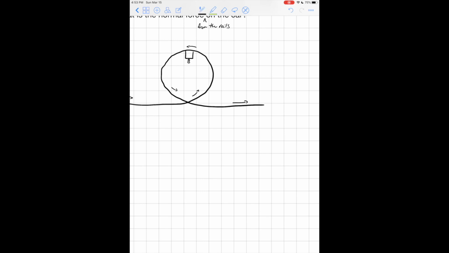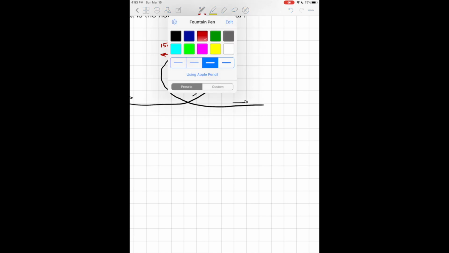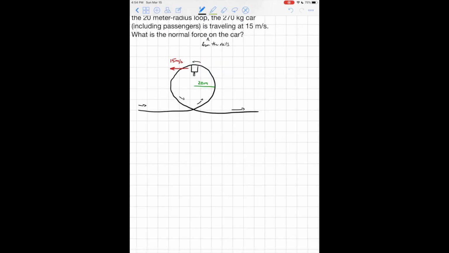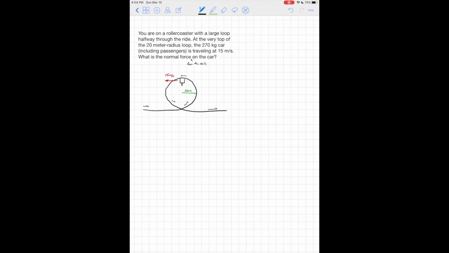So our person here is going to be going tangentially with some speed of 15 meters per second. And we know that the radius of our loop here is 20 meters. So we are fully upside down in this problem at this point.